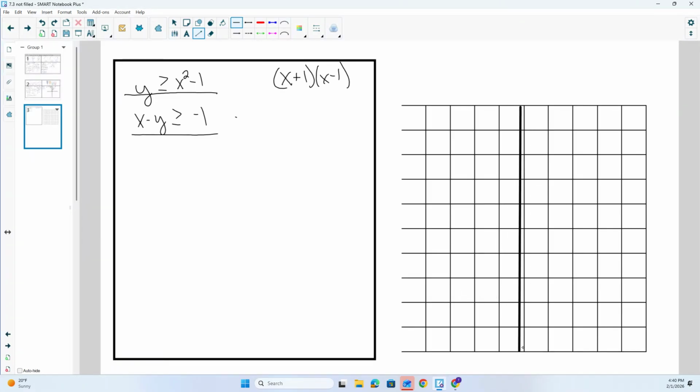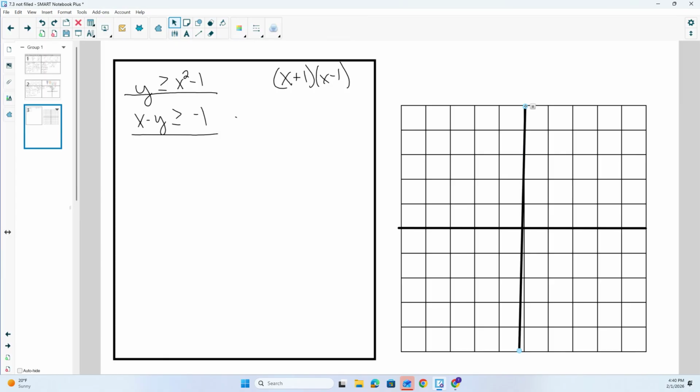So I know for my parabola we have the x-intercepts right here, my y-intercept and vertex are both right there, and in this case I would just very gingerly draw, well, if my tablet would work, just something like that.